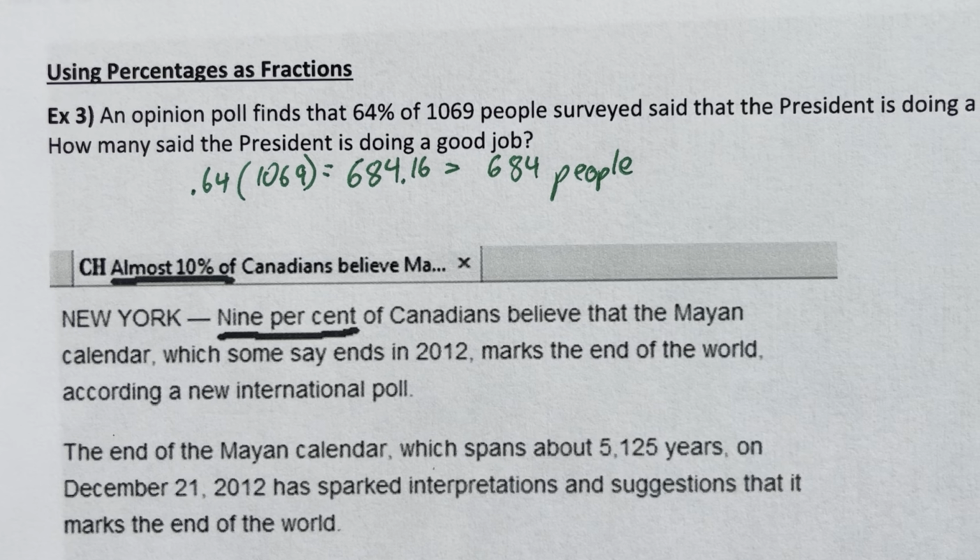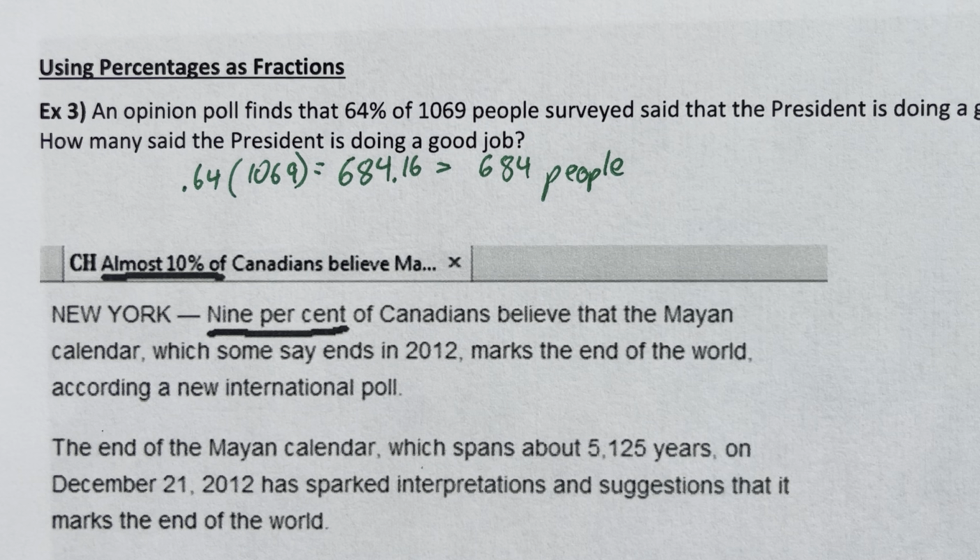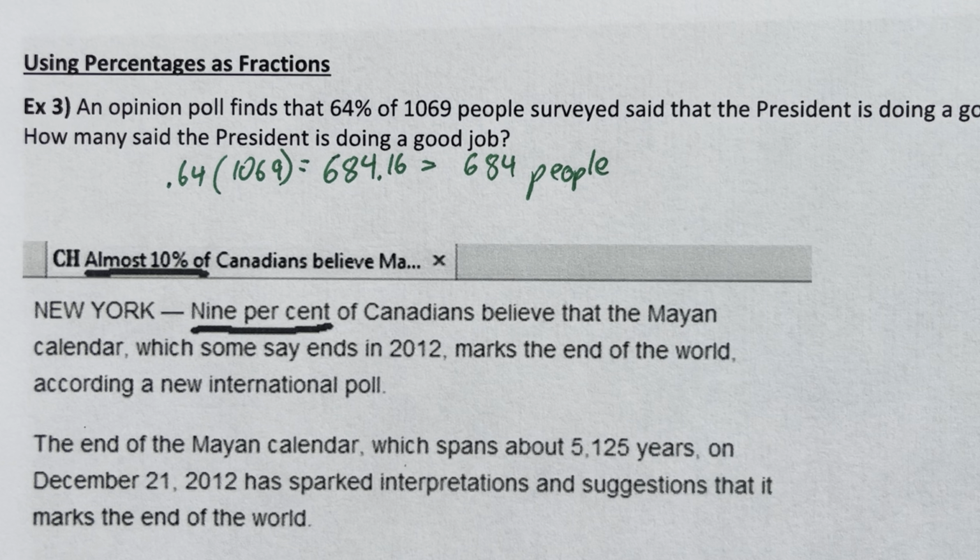All right, one of the places you'll see percentages a lot is in opinion surveys, polls, things like that. So this opinion poll finds that 64% of people surveyed said the president's doing a good job. If there's 1,069 people surveyed, how many people said the president's doing a good job?